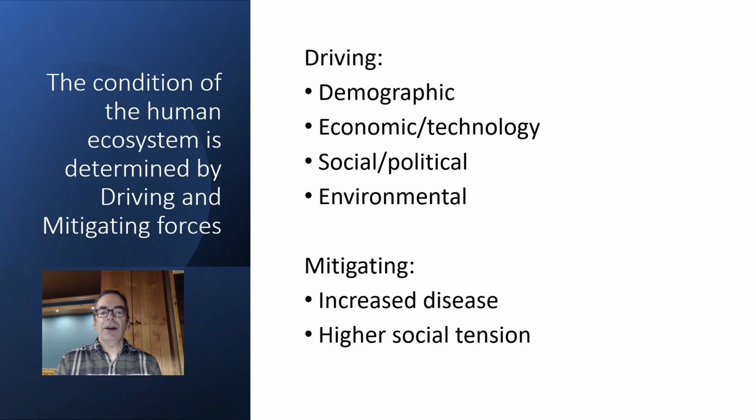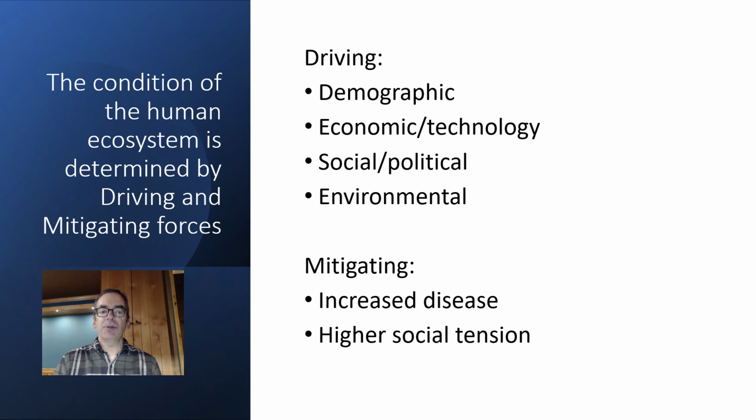Now, when you think about the human ecosystem, so how we are involved in our environment, there are a couple things to think about. Two of them are the driving forces and the mitigating forces. And this is how we deal with our environment. So the driving forces, meaning it's sort of pushing us along. Demographic, meaning population.